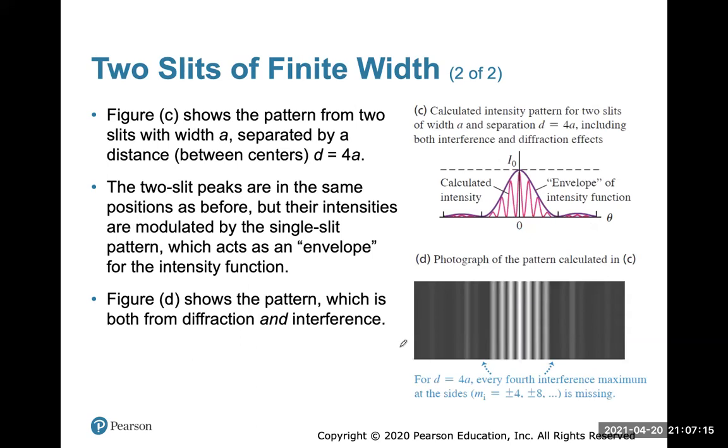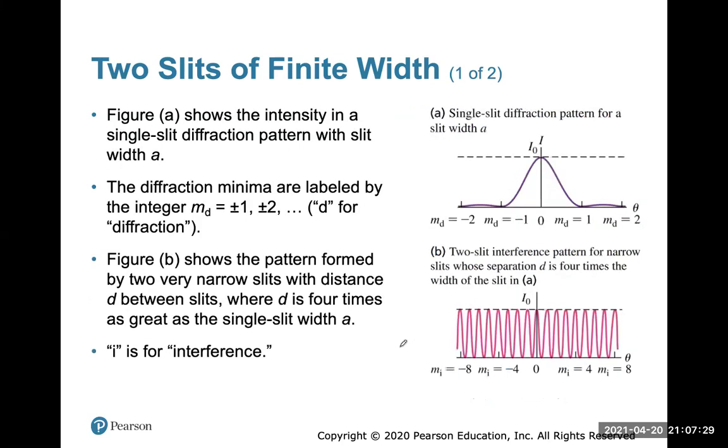If it is the case that the separation d is an integer multiple of the size of the slits, that means that at one particular spot in the double slit interference pattern, we will be enveloped by the zero, by the minimum in the single slit diffraction pattern.